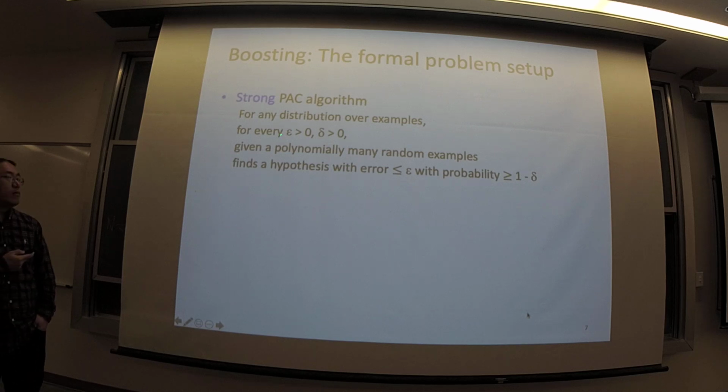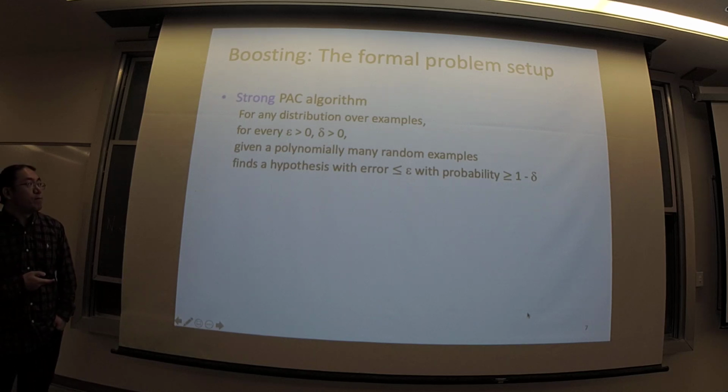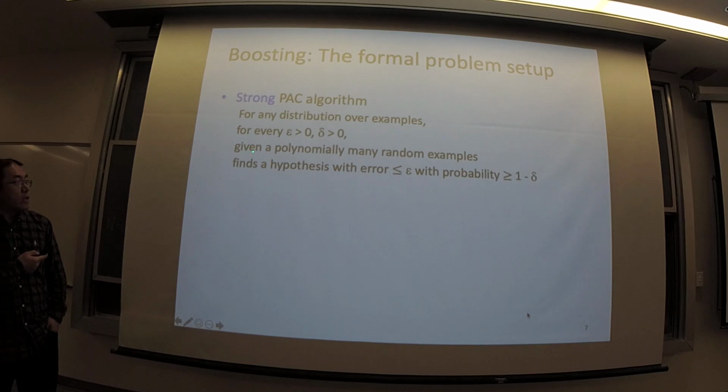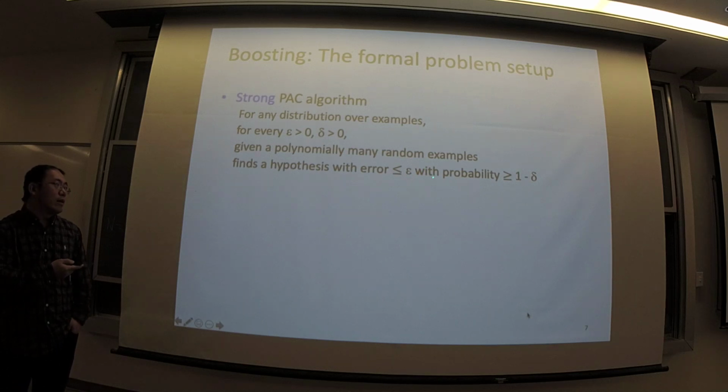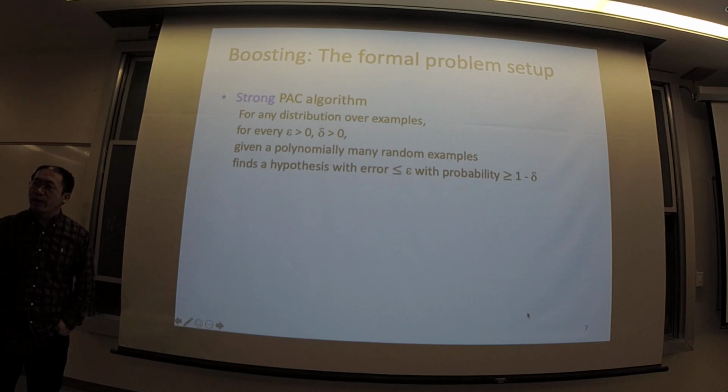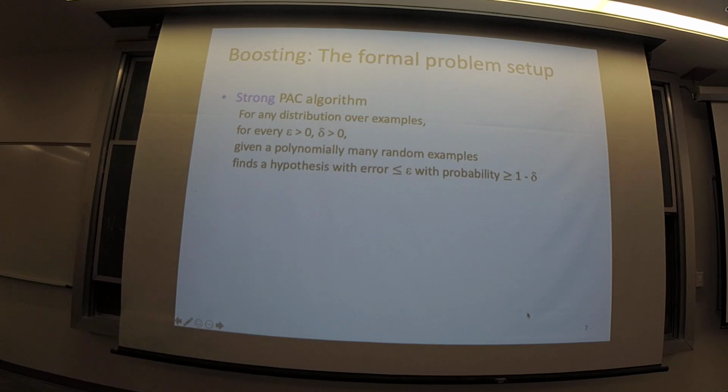For every designated epsilon and delta, it uses only a polynomial number of random examples to find a hypothesis with true error less than epsilon with high chance, at least 1 minus delta. So just copy the definition from the PAC learnability.